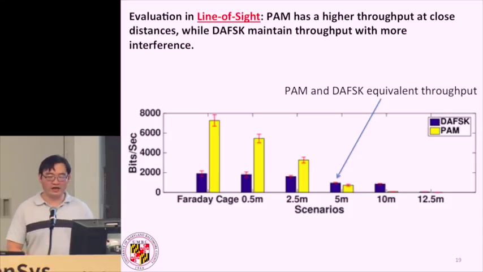We discovered at around 5 meters, the PAM and the FSK, DAFSK was about equivalent. Of course, because PAM had 8 states, it had much higher throughput at close ranges with low interference. But it's not as robust compared to the FSK, which uses a sine wave, which is the standard. This is your standard telecommunication modulation scheme. FSK enables a far greater distance than PAM.